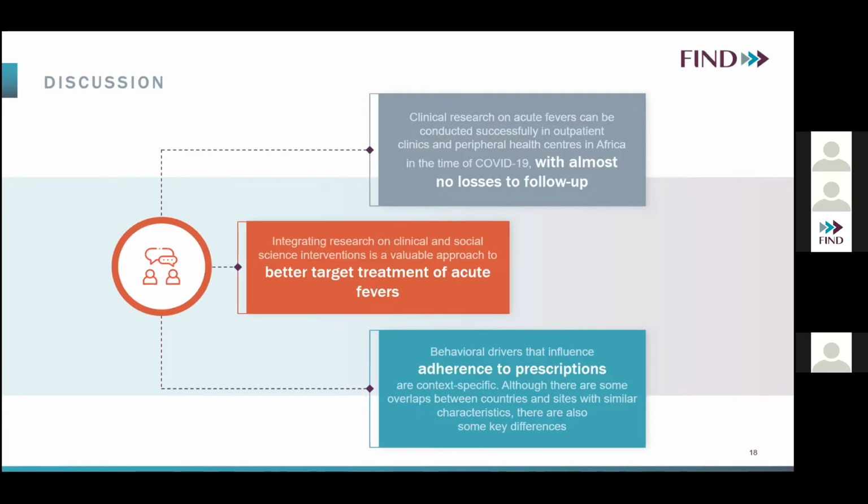Even if you have overlap between different countries, there are some major differences that always have to be taken into consideration by health workers, policymakers, and any other persons that may want to have an impact on AMR. I thank you all. That comes to the end of my discussion.